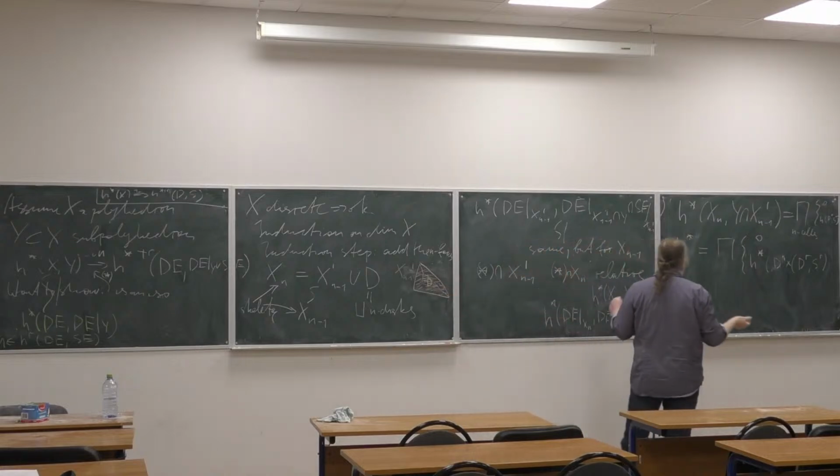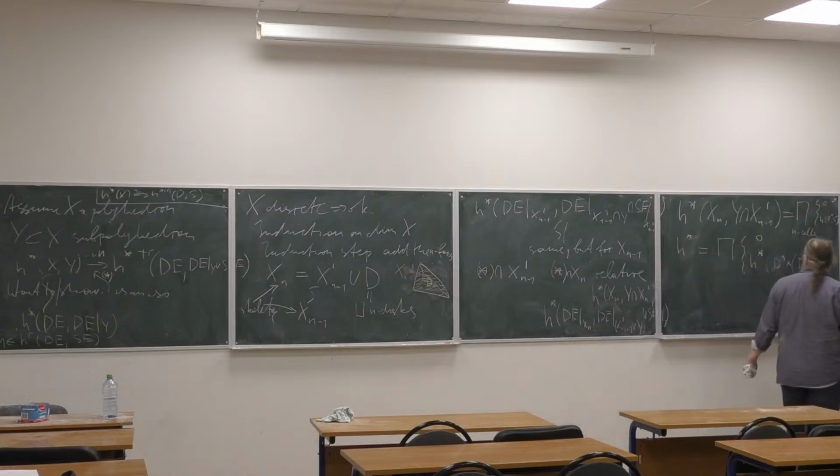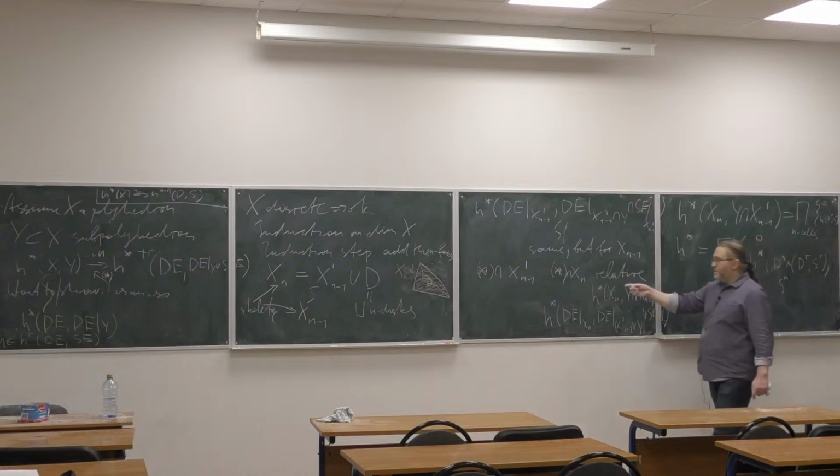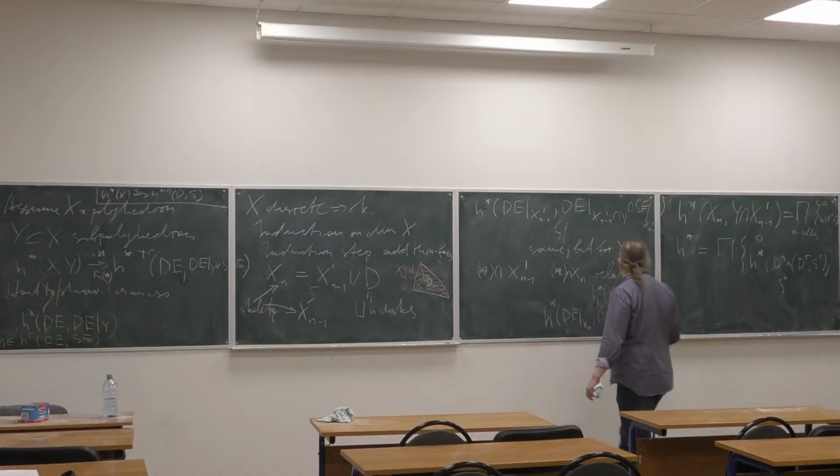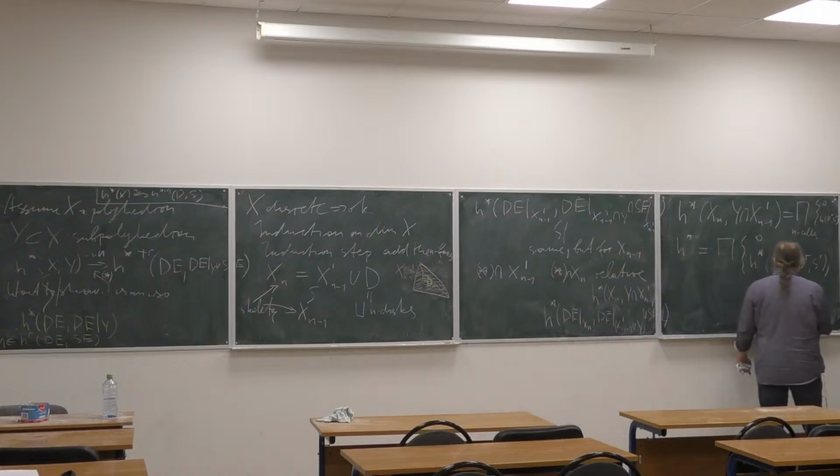Take the preimage, but we need to quotient out everything that happens on the boundary, because the boundary is inside x_{n-1}.